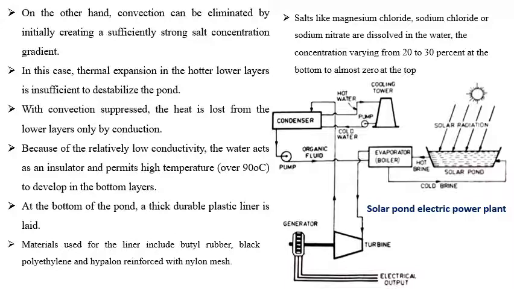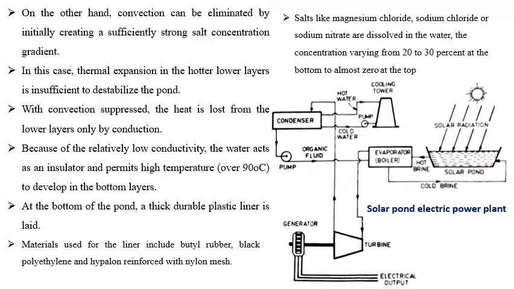This hot brine is supplied to the evaporator, called the boiler, where its pressure is increased, and then it is supplied to the turbine where expansion takes place and you can generate power.